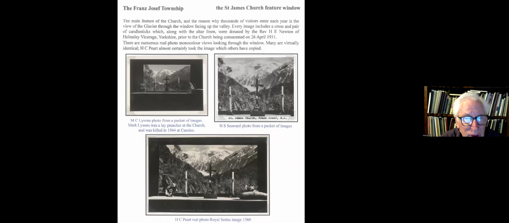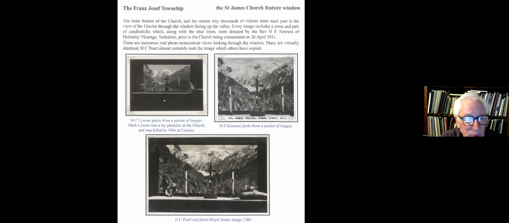The more famous church is this one, the St. James Church, because when you look towards the altar, there's a big window behind it. And if you look through the window, you can see here the glacier. Well, you used to be able to see, but now the glacier has retreated around out of sight.